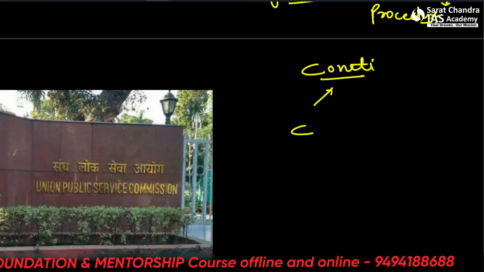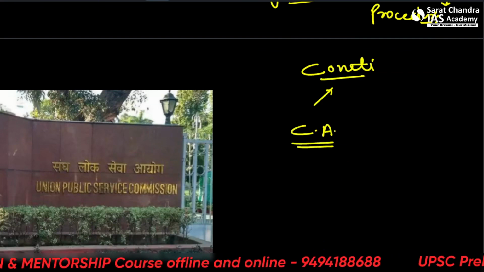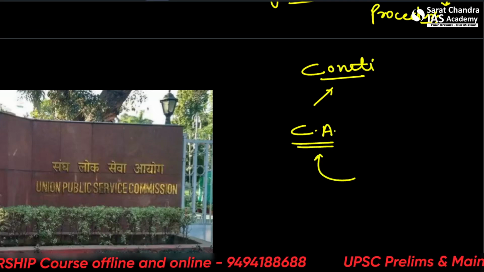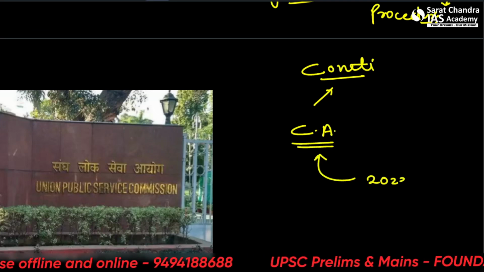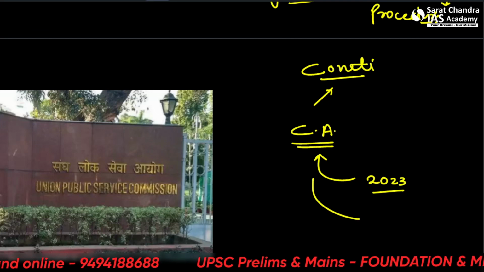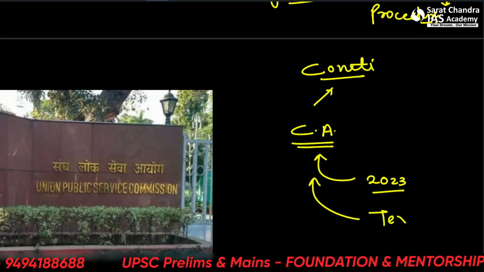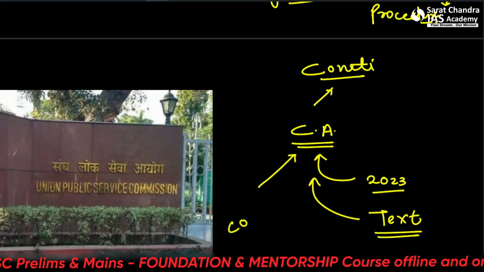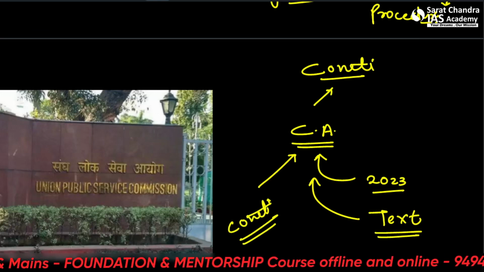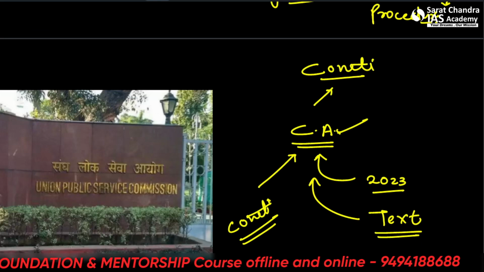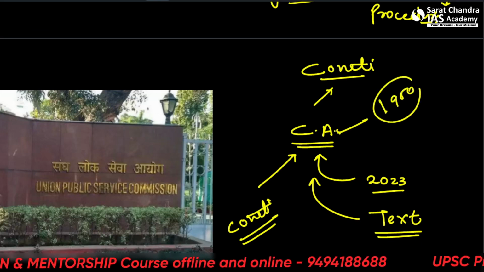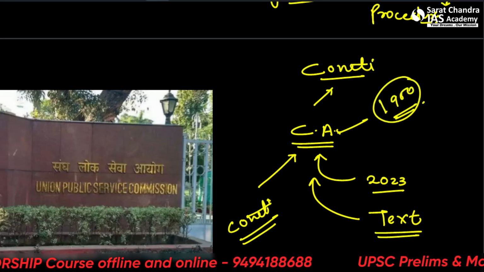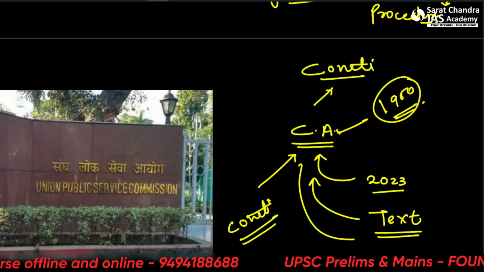We talked about the constitutional amendments also. So it does not matter if the amendment was made in 2023 and a body is inserted into the constitutional text. It is still a constitutional body. We are not talking about the constitution that was made in 1950 or any other year. We are talking about the present-day constitution.